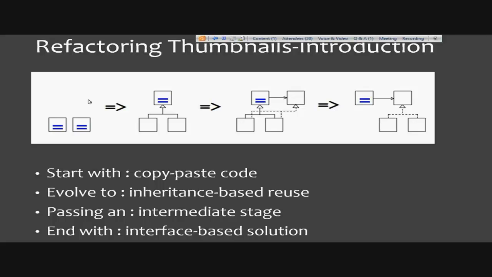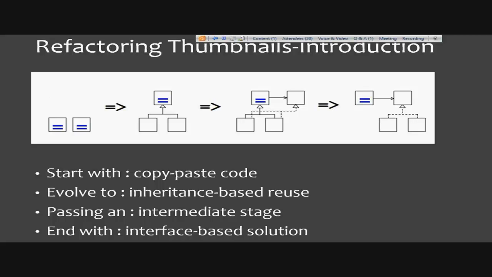Along a series of small transformations over a period of time, we eliminated the duplicate code which was present in the two components or two classes here. Now this transformation is very well represented by refactoring thumbnails, and this is one of the thumbnails.